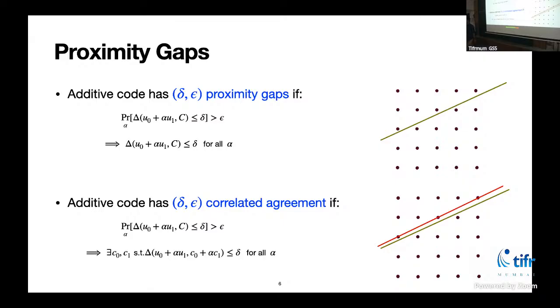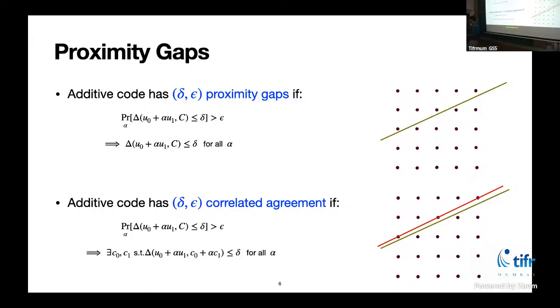Yes, alpha is from the field, the same field. Since these are linear codes, they are vectors over a field, the field over which they were linear. Wait, so what was this discussion about negligible versus 0.01? What epsilon you should think of was the question there.